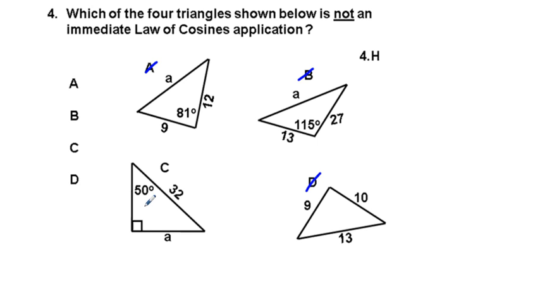So by process of elimination, C is a law of sines but not law of cosines application, because we have sine 90 degrees over 32 and sine 50 degrees over A. So C is our correct answer for 4.